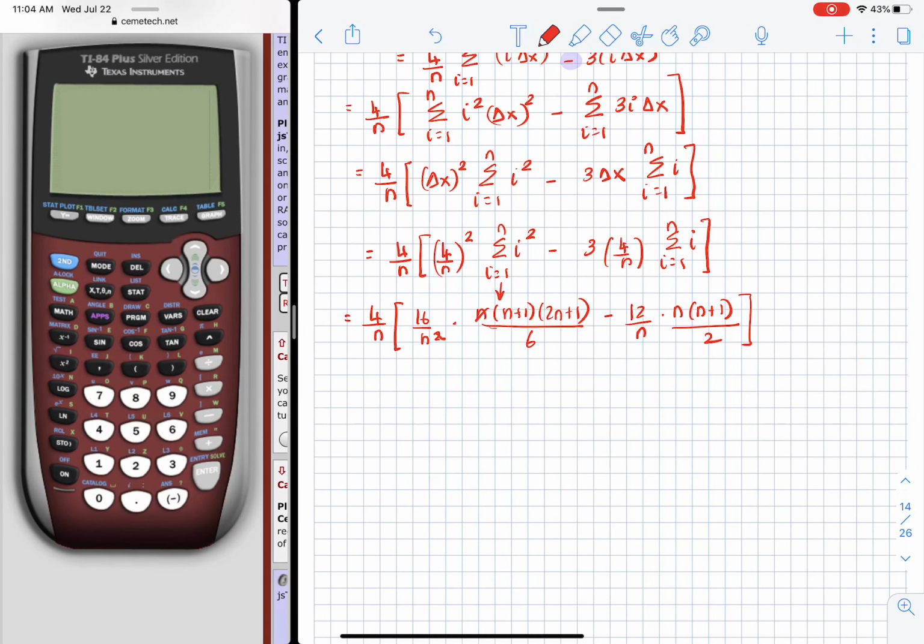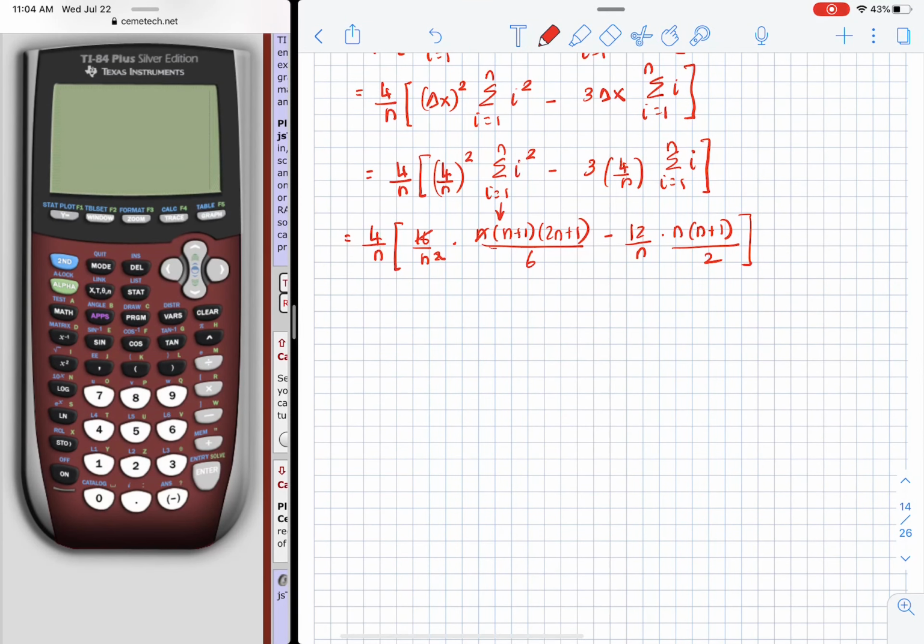We can cancel the n out. 8 and 3, 6. N goes away. So we have 4 over n, 8 over 3n times n plus 1 times 2n plus 1 minus 6 times n plus 1.